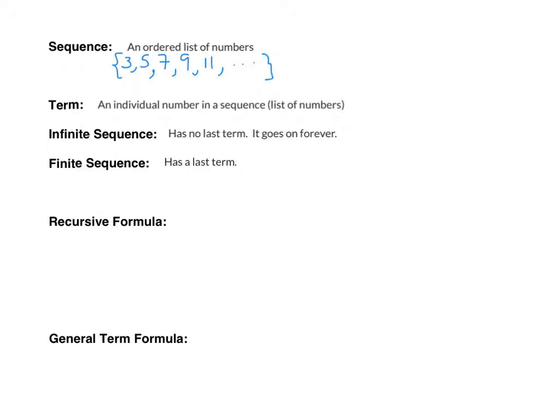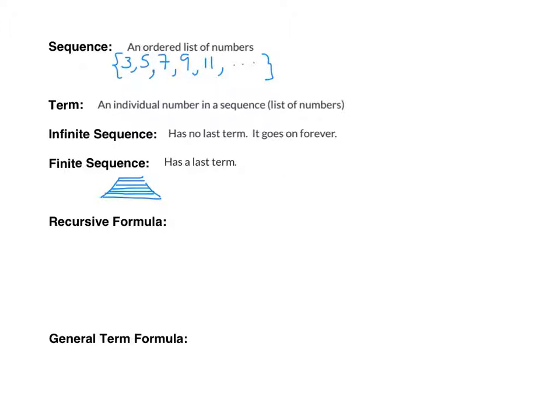Likewise, if we're counting the number of rows in a theater, seating usually has shorter rows at the beginning and then it kind of spans out as you head towards the back. So your theater seating might look something like this, where you've got fewer seats in the front rows, but as you head towards the back, perhaps every row increases by two more seats, but eventually you get to the end and you would have a finite sequence in that case.